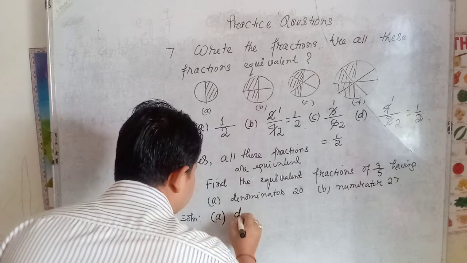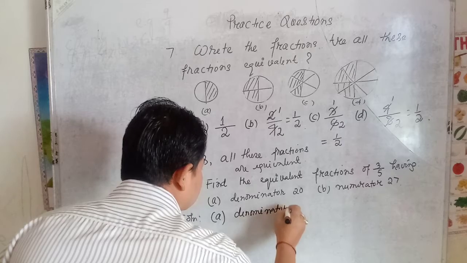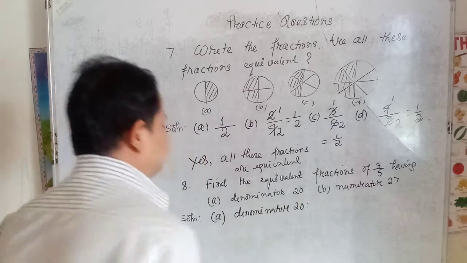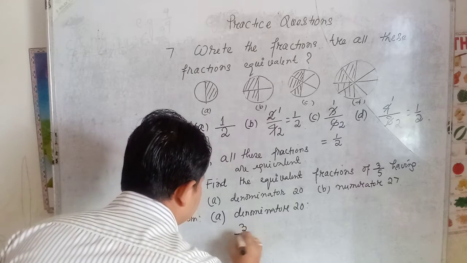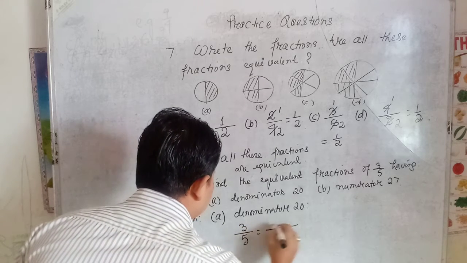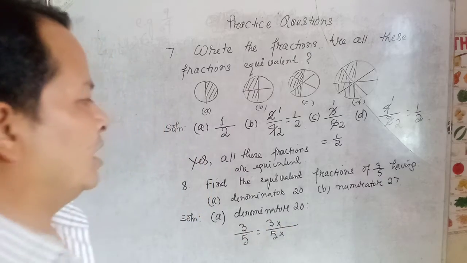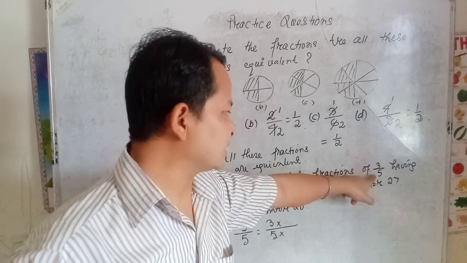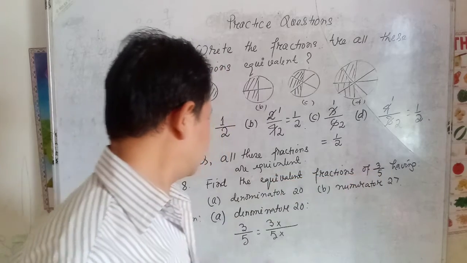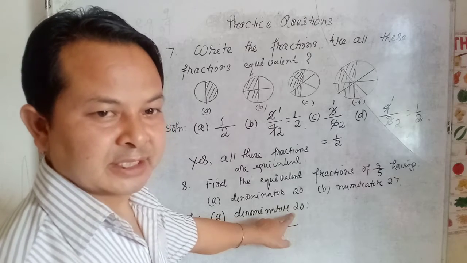In A, denominator 20. First of all, we have to write the given fraction 3/5, the same fraction, and we have to convert this denominator into 20. That is in the question.